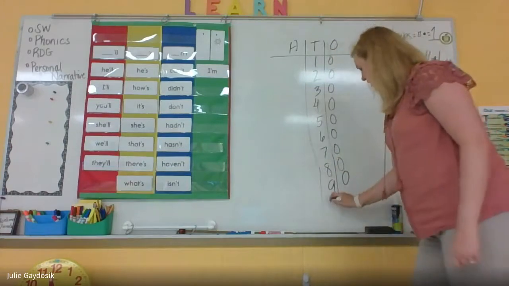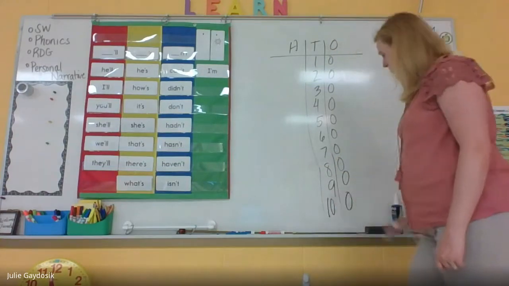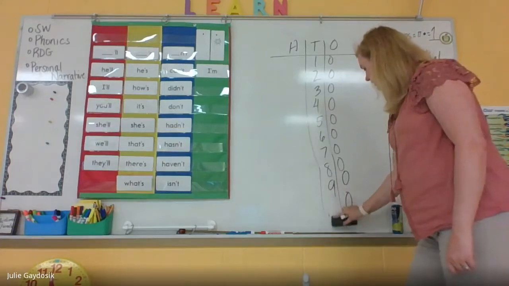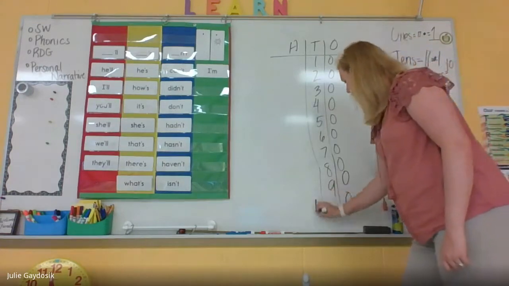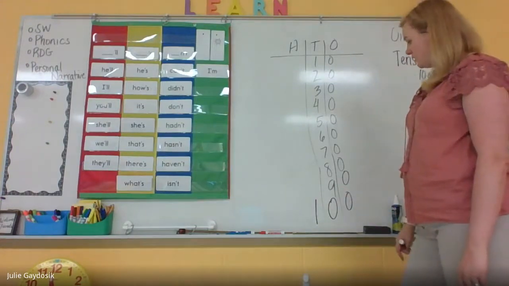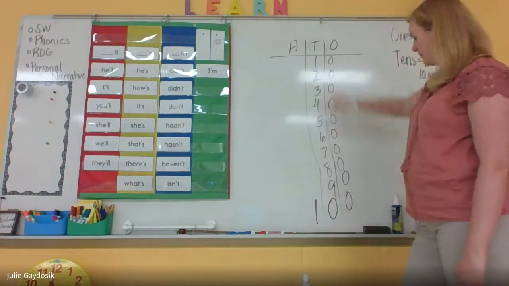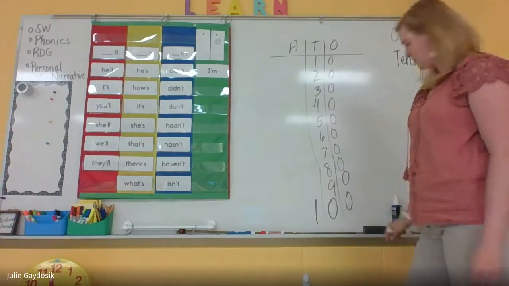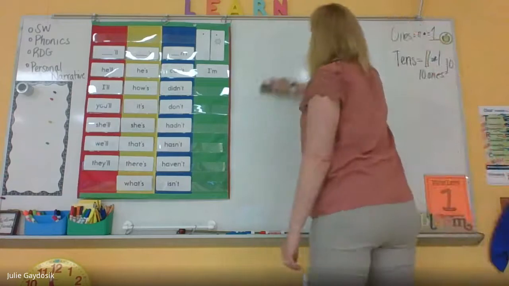You don't put 10 in this spot. It's 100, so you put 100 there. 10 tens is 100. So it can only go numbers 0 through 9. See?